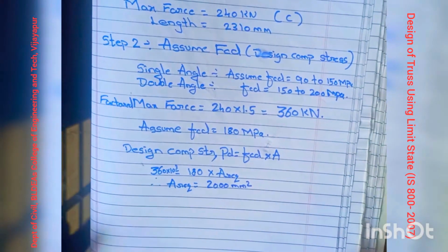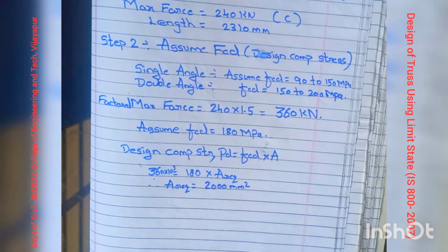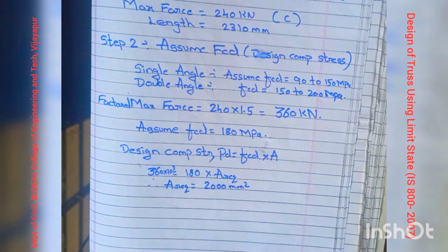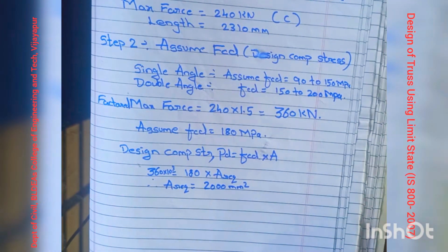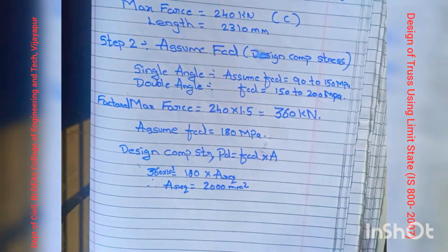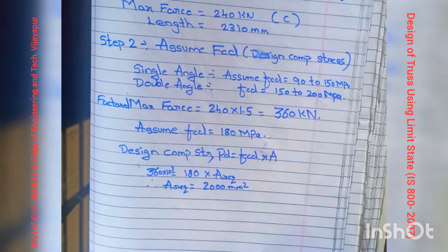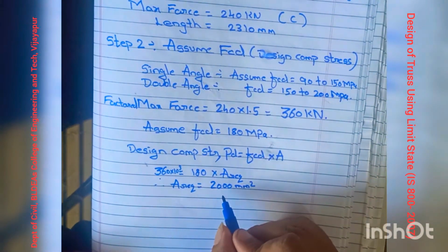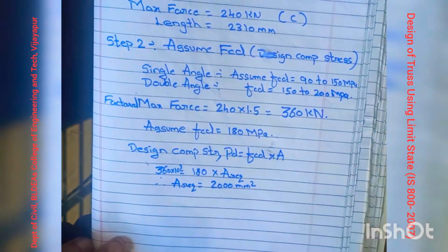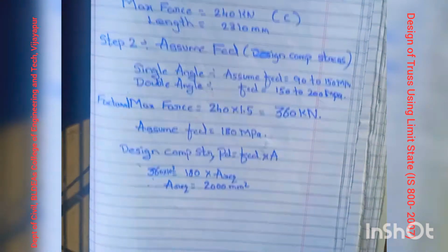So now we have a rough estimate of how much area of the steel section is required so that it can take a load of 360 kilonewton. Now depending upon this area, we need to select the section from the steel table.